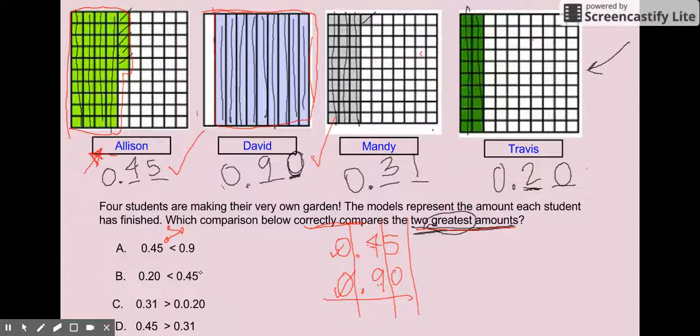But don't you dare let them confuse you once you see the model. Doesn't it just look like David's done way more than Allison, even by how much has been shaded? That's why I tell you guys to add the 0 at the end. So now it's 90 hundredths. And 90 hundredths is truly bigger than 45 hundredths. Or, like the problem says, 45 hundredths is less than 90 hundredths.